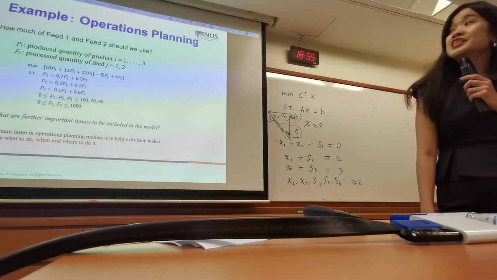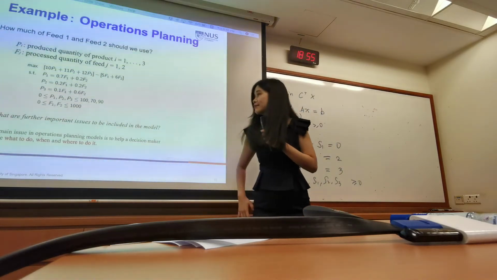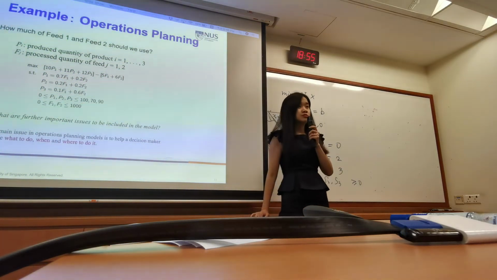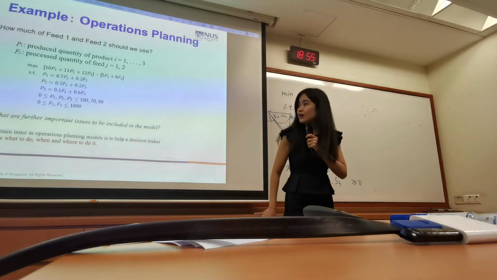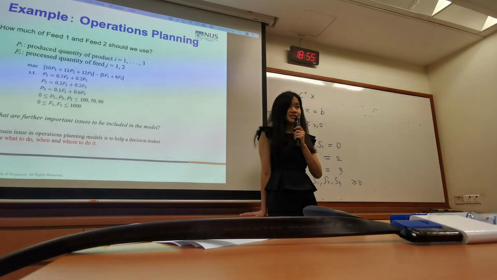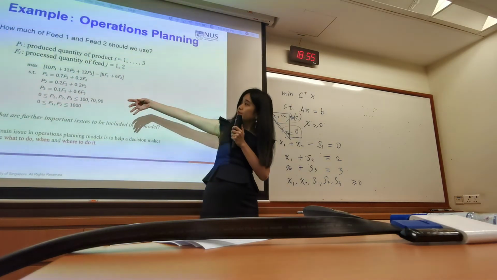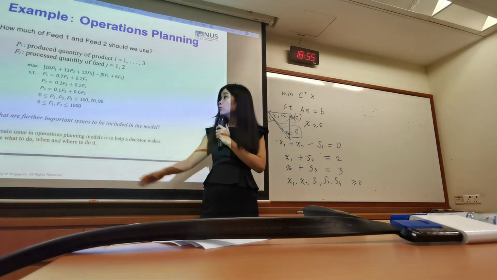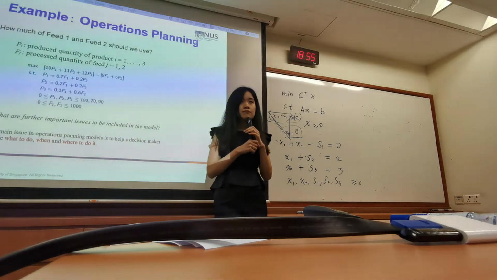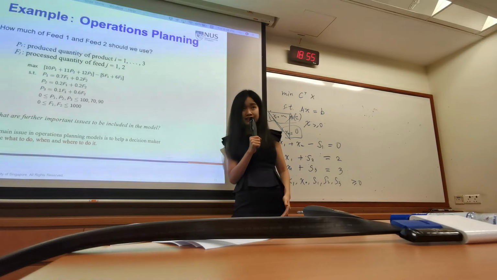It's like operations planning, and the major issue to help the decision maker decide is what to do, which means what to produce, what to buy, and when and where to do it. Here we formulate a problem like what to do. We know what to produce, for P, and what to use for the feedstock, but when and where to do it is also very important. When we formulate many problems, we consider time steps and spatial aspects.